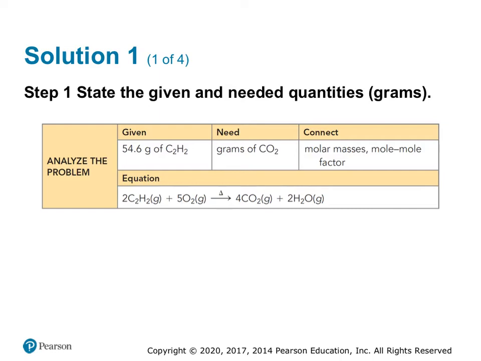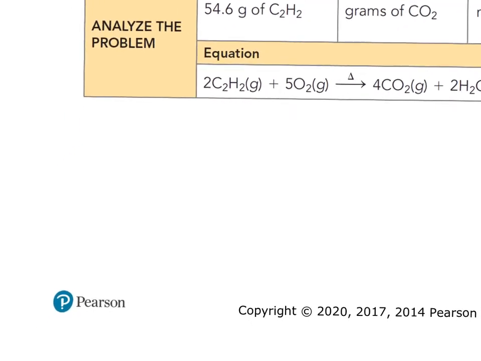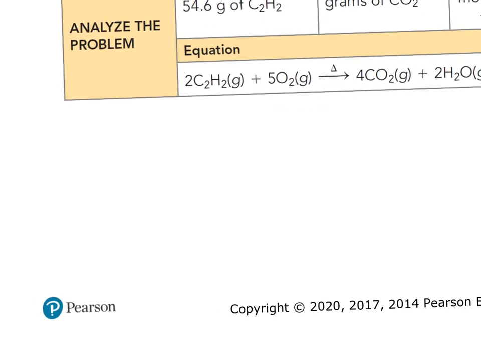So we're going to need to get to moles of both things. So we're going to need molar masses of both substances, and we're going to need a mole to mole ratio to get us from moles of C2H2 to moles of CO2. So the first thing we're going to do is find the molar masses. I'll review that with you, finding molar masses of the two substances. I'm going to start with C2H2.